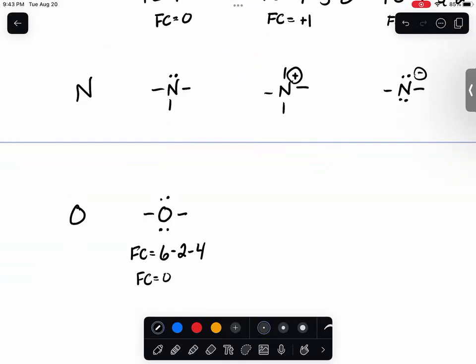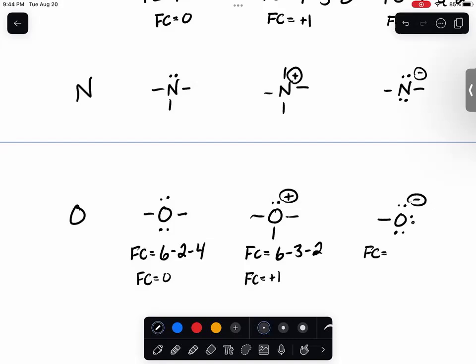Now, if we take that oxygen and give it another bond and take away that lone pair, quote unquote, it's going to have a positive charge because now our formal charge is 6 minus 3 minus 2, and that ends up being +1. Whereas the opposite is where we have an oxygen with 1 bond and 3 lone pairs, in which case this formal charge is 6 minus 1 bond minus 6 unpaired electrons, which gives a formal charge of -1.